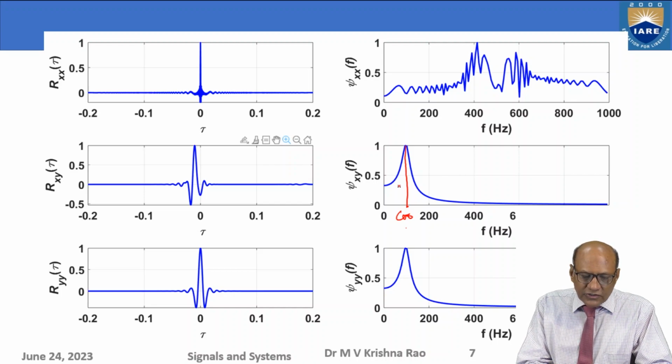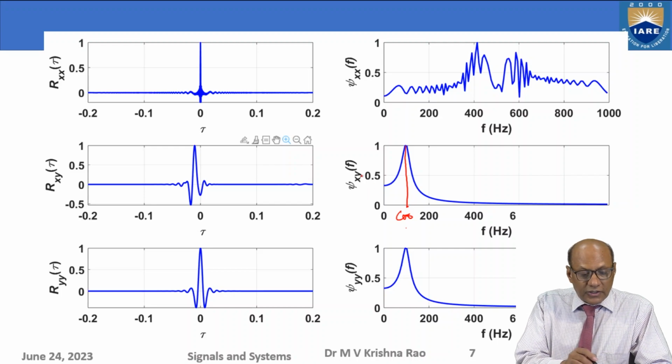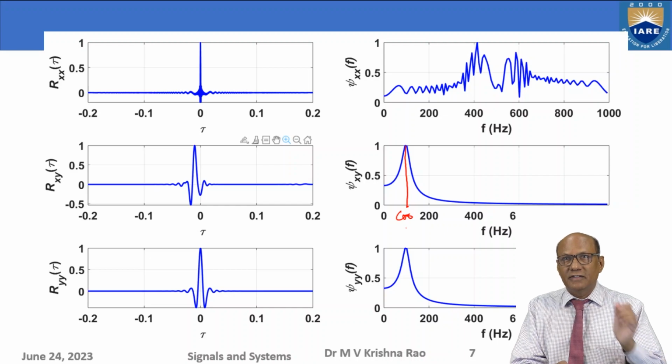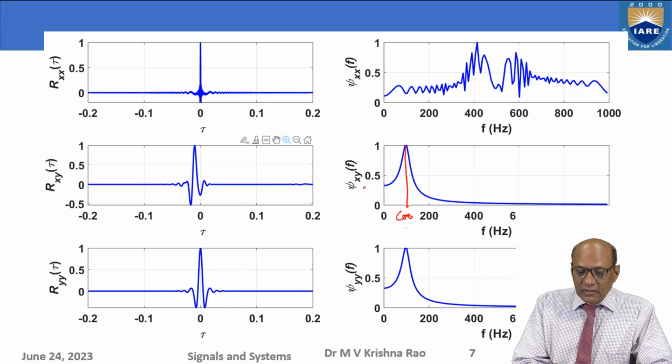This is the power spectral density of the given signal. Okay, I should not even say that. I should not say the energy spectral density of the cross correlation function. I should say that this is basically the cross energy.